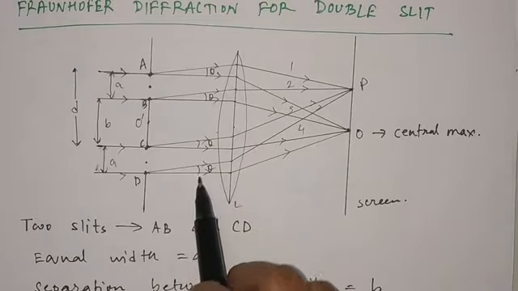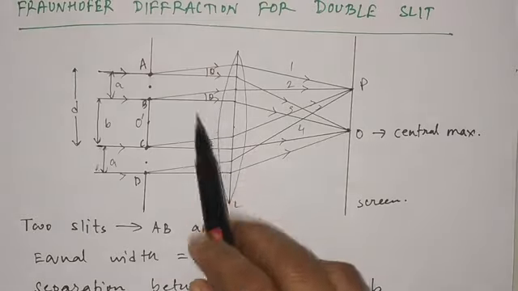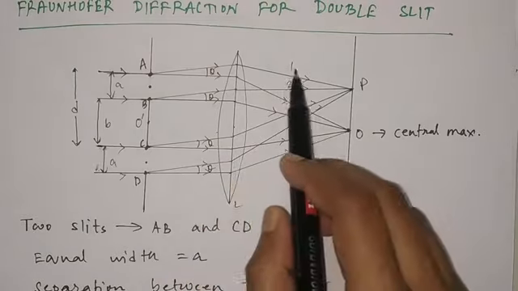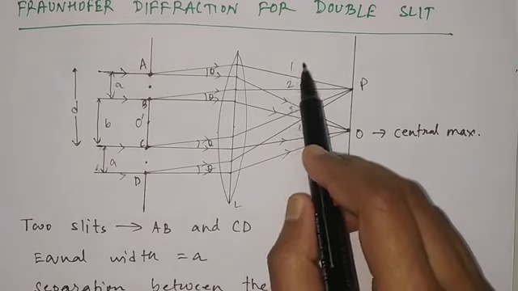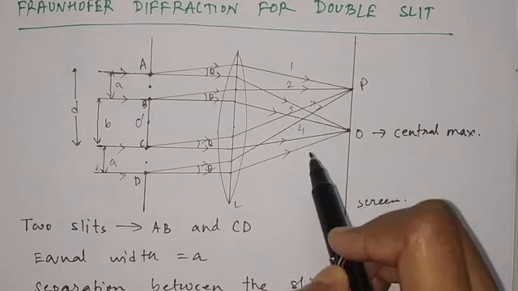But now there will be other rays which are diffracted by different angles. Here we are showing the rays which are diffracted by this angle theta. We are showing four rays, numbered 1, 2, 3 and 4.